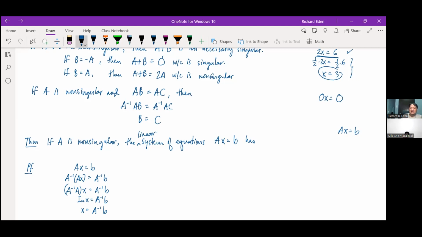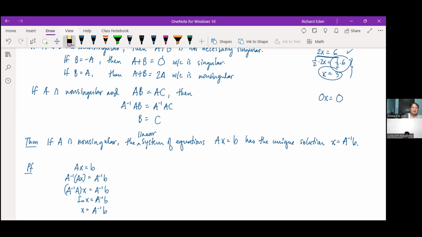So see what happened here? We were led to only one solution. Therefore, Ax equal to b has a unique solution: x equal to A inverse b.